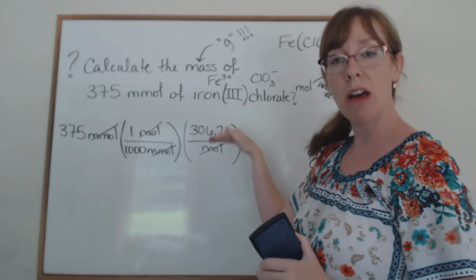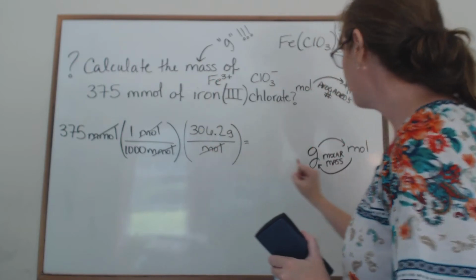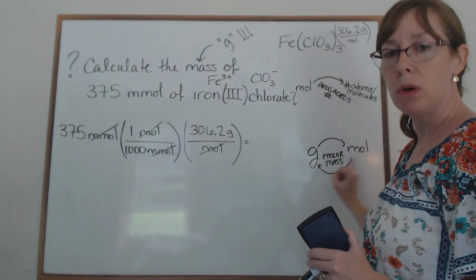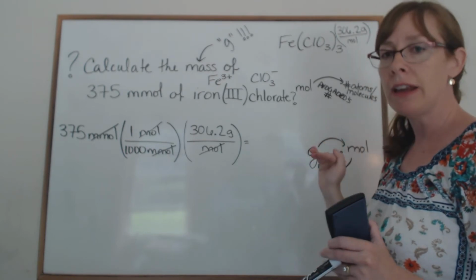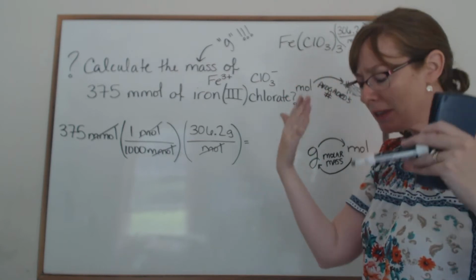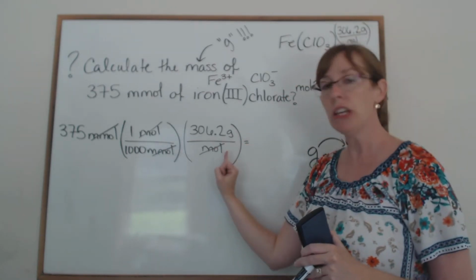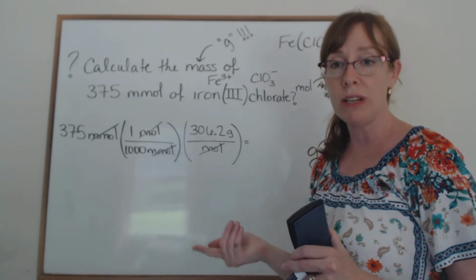The units will kind of tell you what to do with the numbers. Some people teach, to go from moles to grams, I got to multiply, and to go from grams to moles, I got to divide. But the way that I'm doing it here, you don't have to trick yourself to memorize these things. You just let the units talk and you present it in whatever way you need to get the previous unit to cancel.